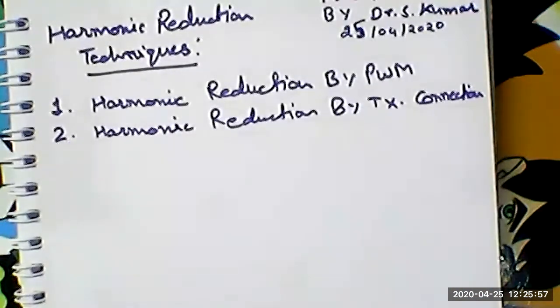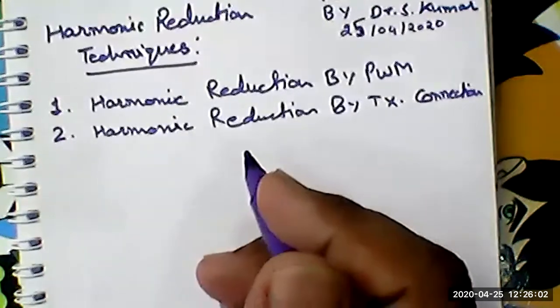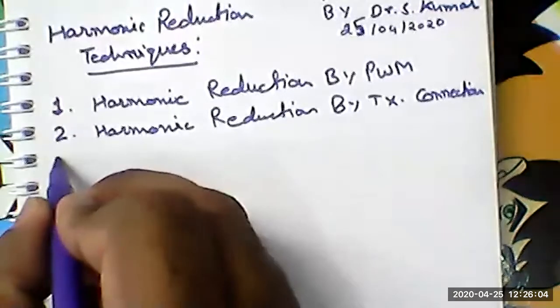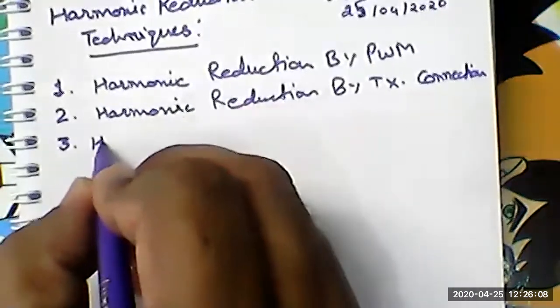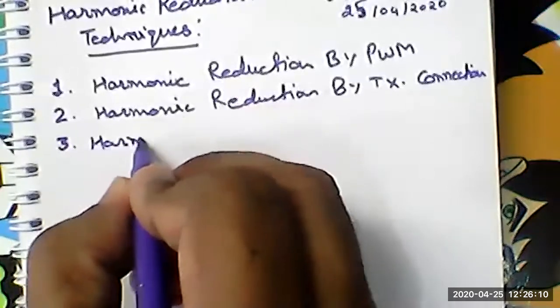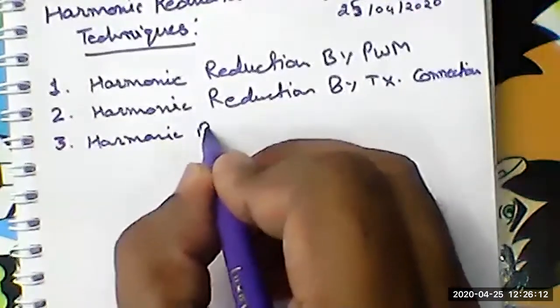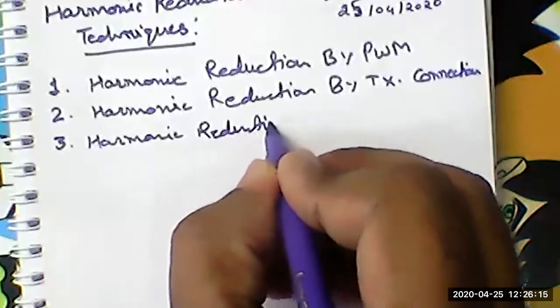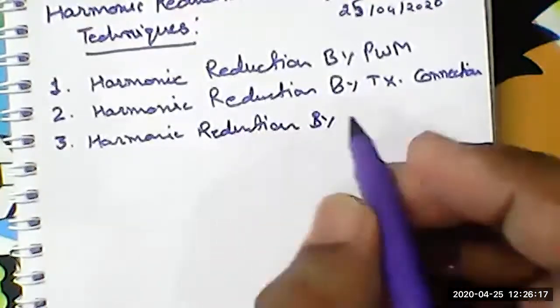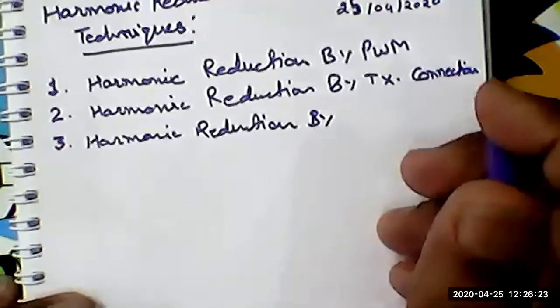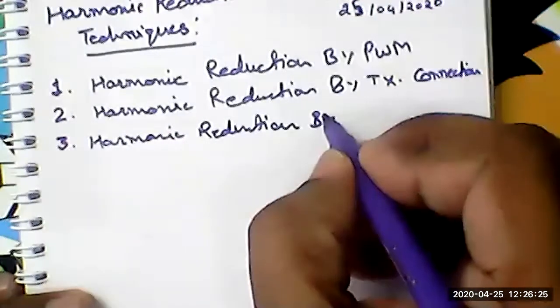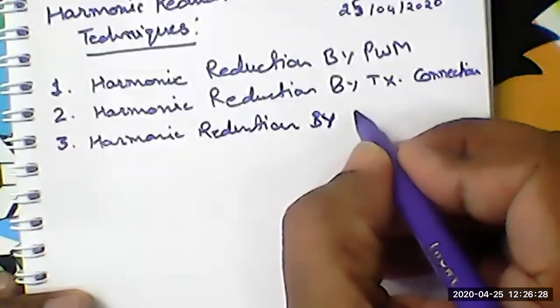Now, after this, the next technique is harmonic reduction by using more than one inverter. Using more than one inverter, and these inverters are step wave inverters.